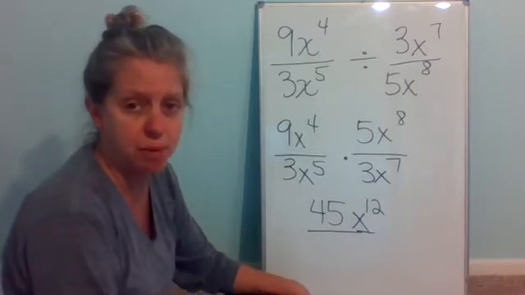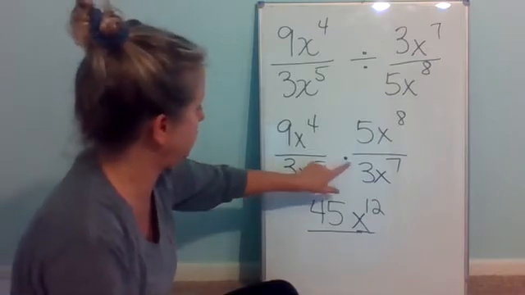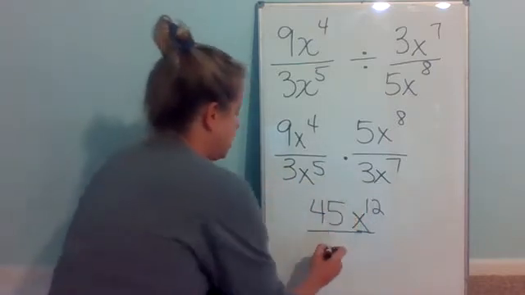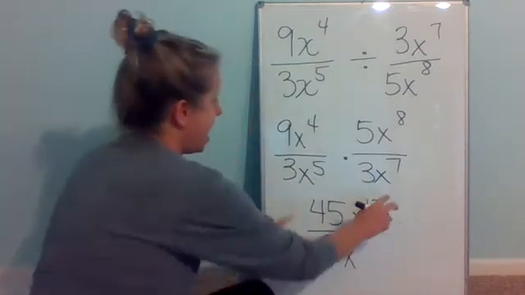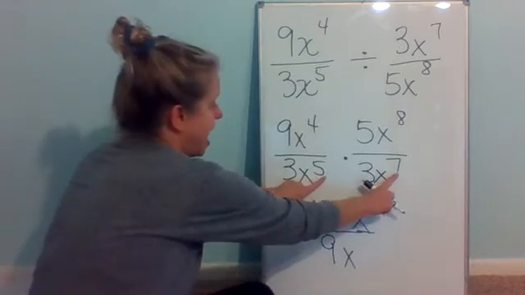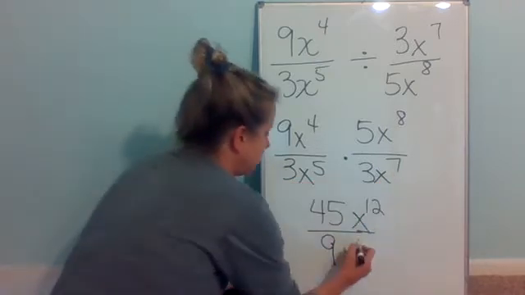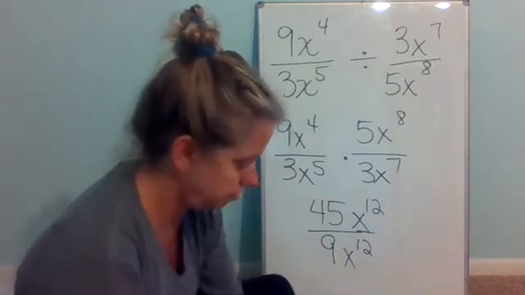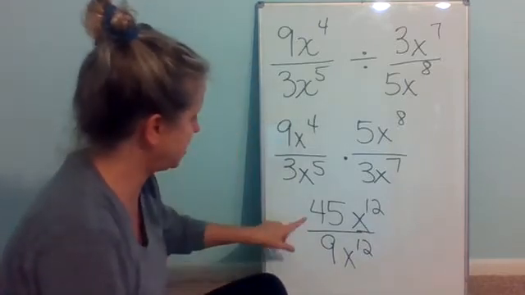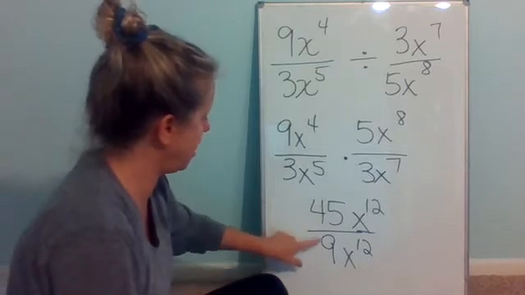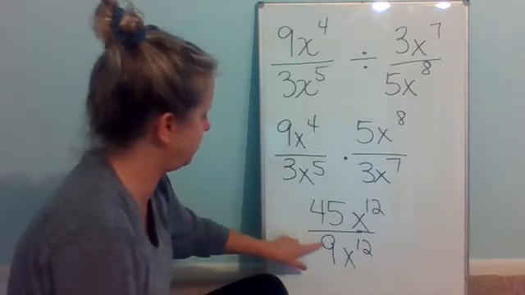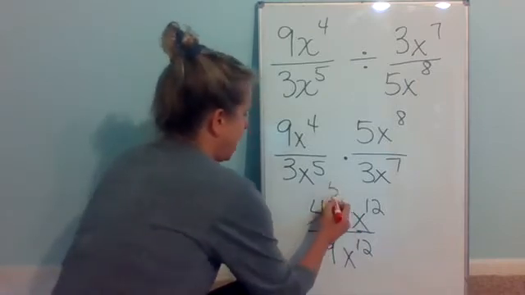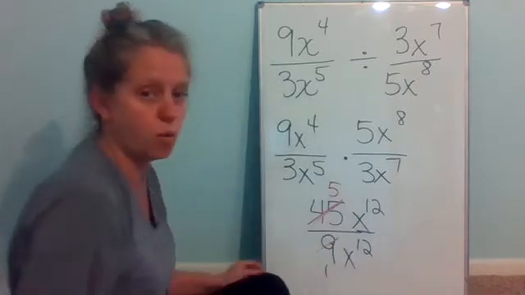Do the same thing in the bottom. So now I've got 3x to the 5th times 3x to the 7th, which will give me 9x. Again, add your exponents. 5 and 7 gives me 12. So let's see. I'll do the simplifying now. So 45 divided by 9 gives me 5 over 1.